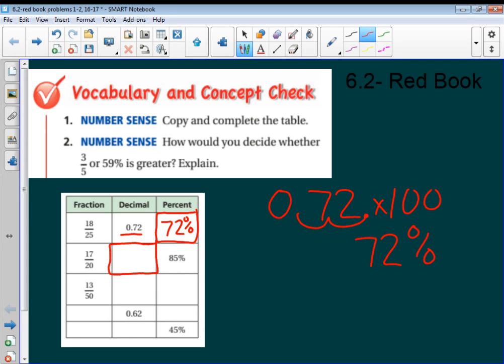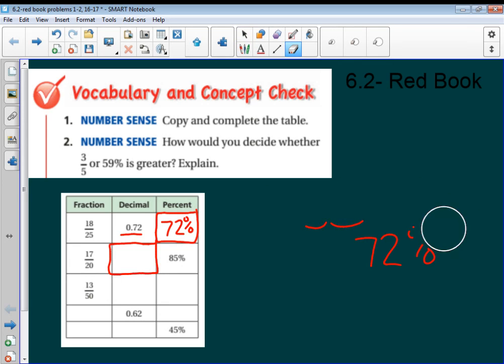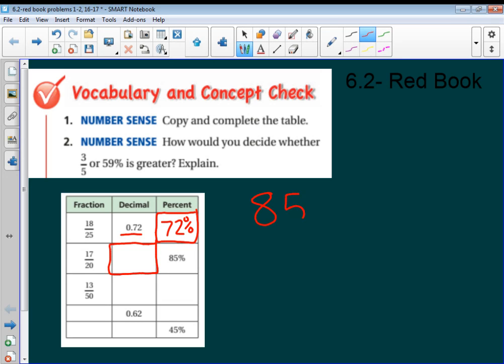All right, next, let's move here. I want to find my decimal of 17/20ths or 85 hundredths. Once again, I'm going to go from percent to decimal because I think that's easier. If I have 85%, I'm going to divide that, so 85 divided by 100, which means I move my decimal 1, 2 places.